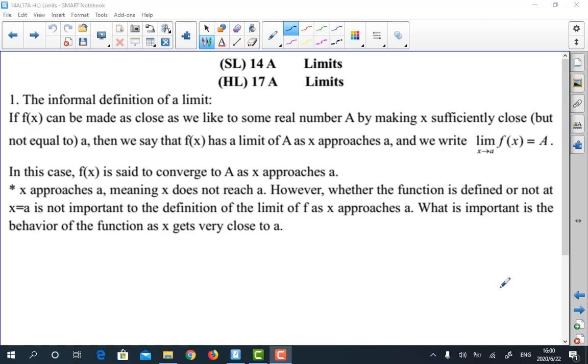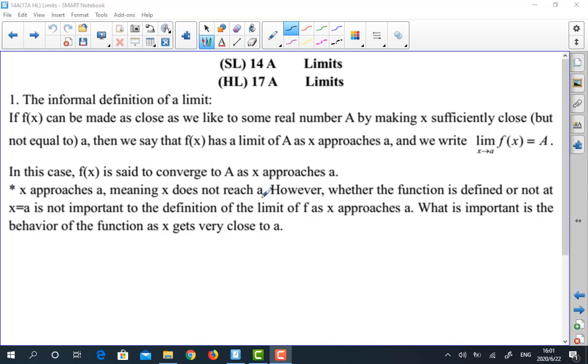Even this informal definition probably still sounds abstract to you. We will give you some examples to help you understand the meaning of limit better later on. If you do have limit f of x, when x approaches a, this y value is approaching capital letter A. We also can say this function converges to A. X approaches a, meaning x does not reach a.